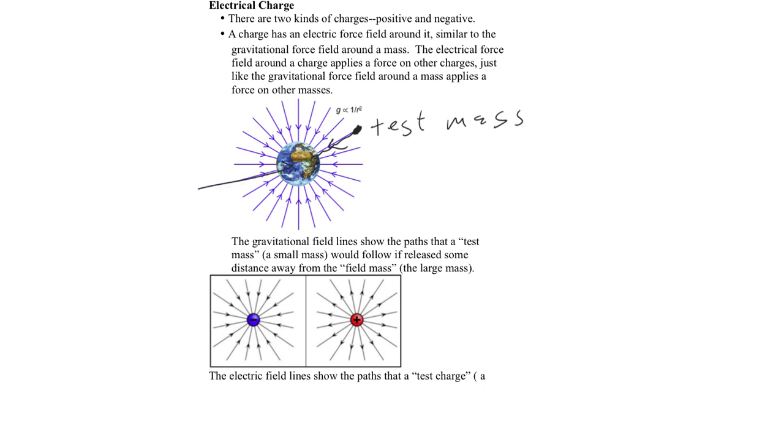The earth itself is the field mass, the mass producing a big gravitational field. The test mass produces a very small gravitational field, and so it's influenced by the field mass's gravitational field. So all these lines are called field lines, gravitational field lines.